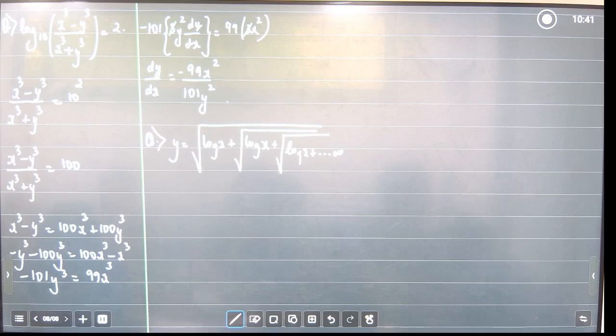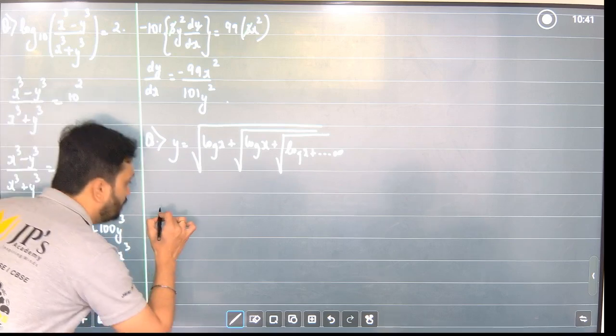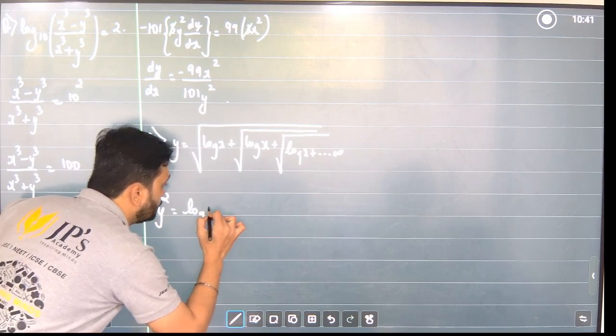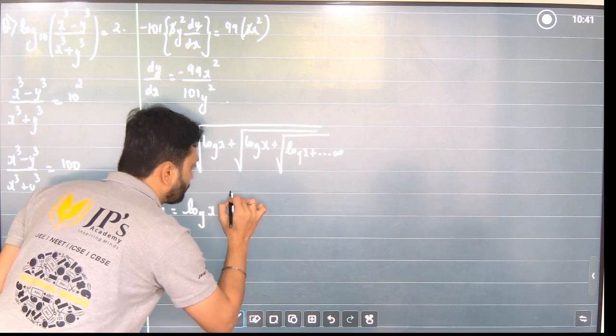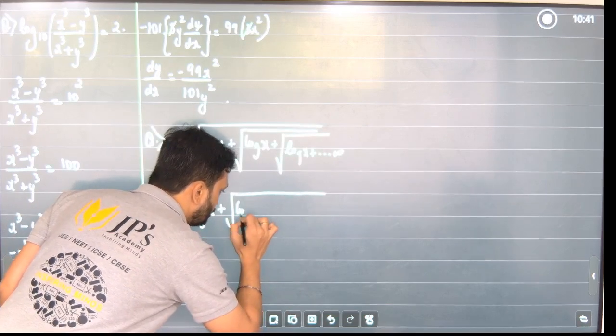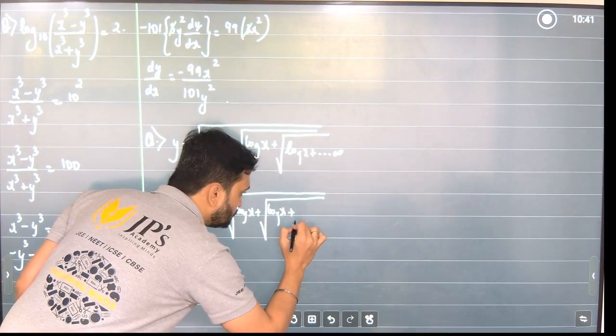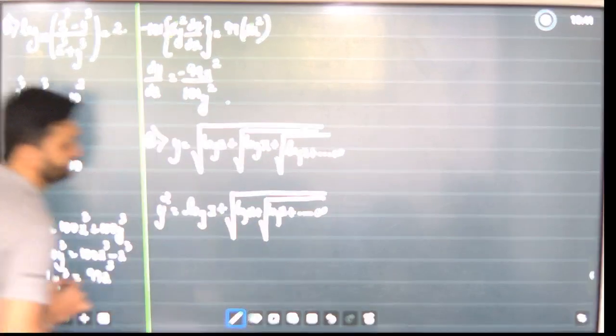Okay, up till infinity, we don't do anything. I'll square both sides, so this will become log x plus root of log x plus root of log x plus infinity.